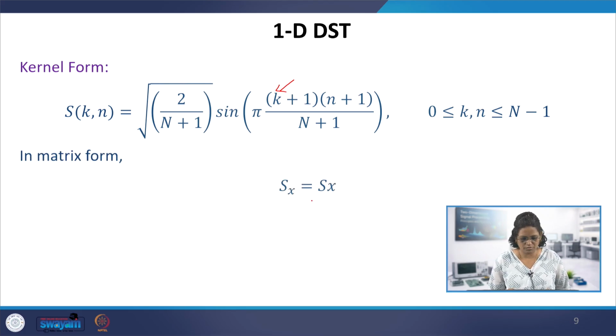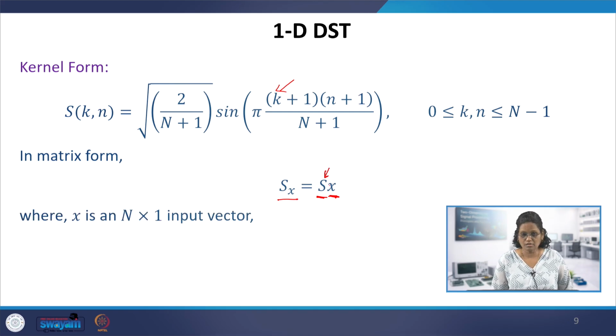In the matrix form, to get the coefficients we multiply this S into the sequence X. This is the kernel matrix, and X is the 1D case, here an N cross 1 input vector. The compatibility needs to be checked. This is N cross N, and this would be N cross 1 for the multiplication.